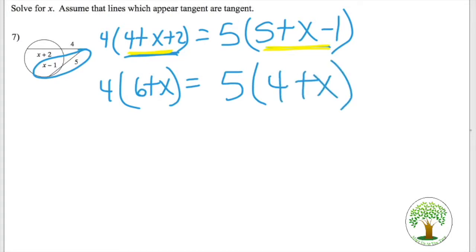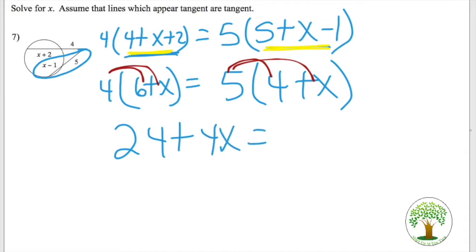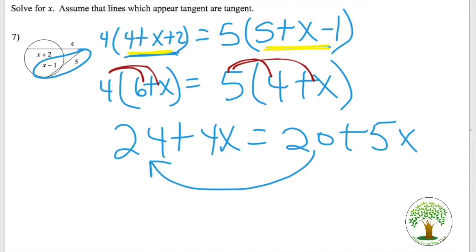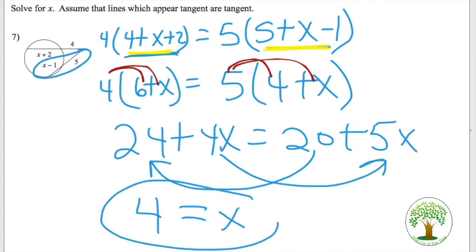Now I'm going to do the distributive property, and I'll have 24 plus 4x equals 20 plus 5x. I am going to bring the 20 over here by subtracting and get a 4. And I'm going to bring the 4x over there and get a 1x, or just x. Let's check our answer.